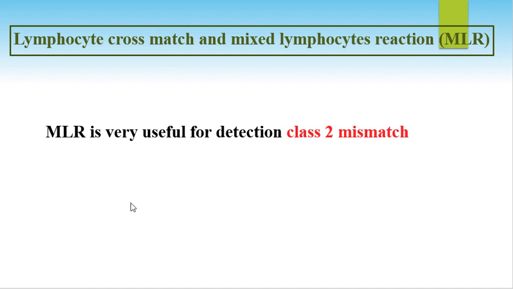Also useful in the field of transplantation is MLR or mixed lymphocyte reaction, which is a lymphocyte cross match, and it is very useful for detection of class 2 mismatch.